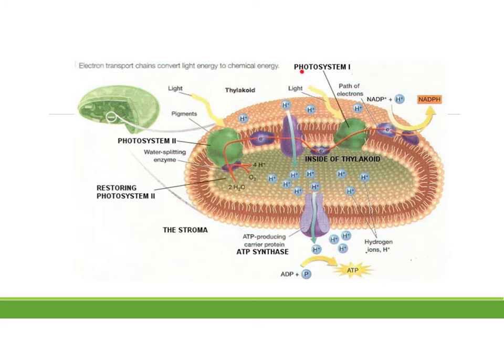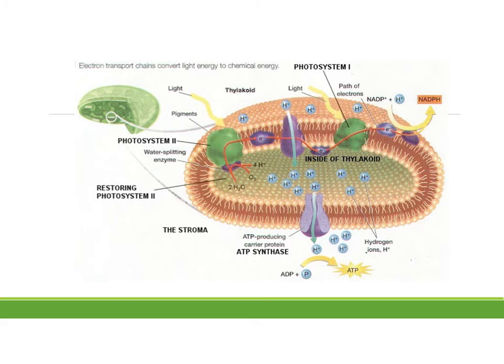So now we're going to look at this area called photosystem 1. So when photons of light hit this reaction center, it's going to cause these high energy electrons to continue moving.